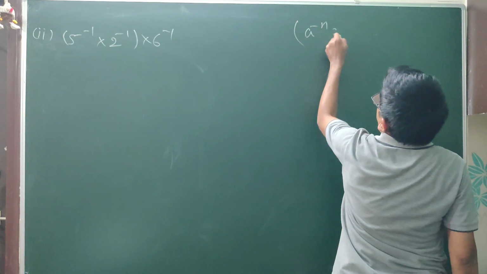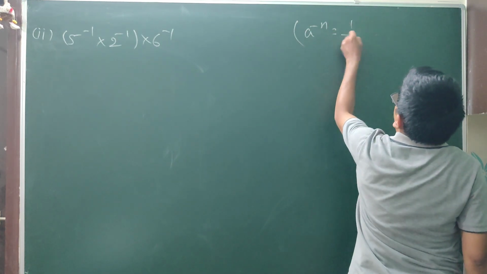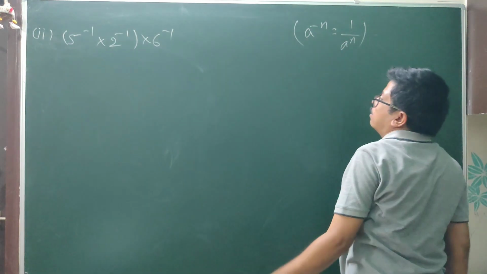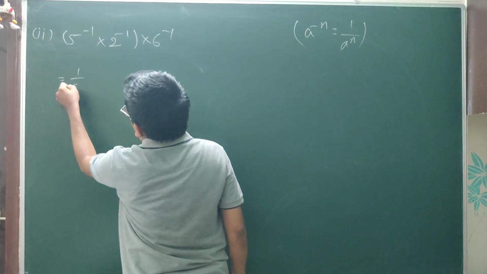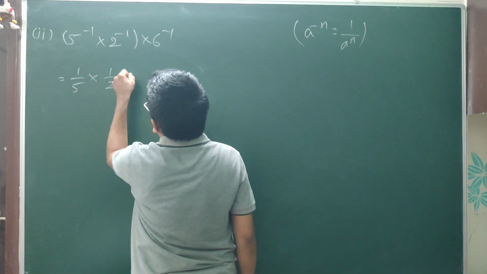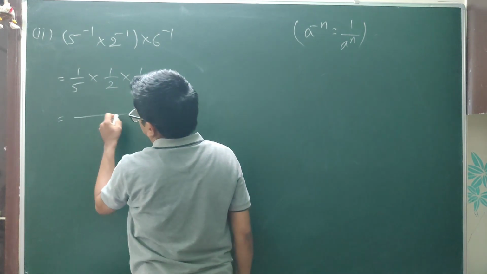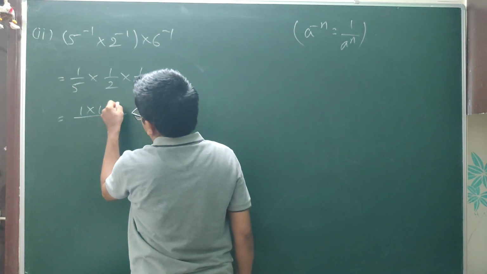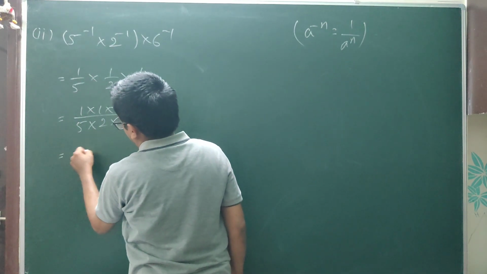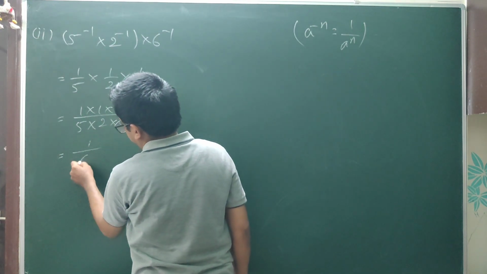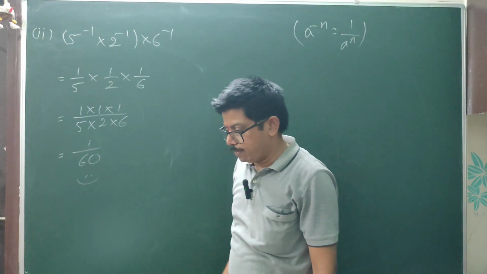A power minus n equal to 1 by a power n, is equal to 1 by 5 into 1 by 2 into, let us remove the bracket, 1 by 6, equal to 1 into 1 into 1 by 5 into 2 into 6, equal to 1 by 60. So the answer is 1 by 60.